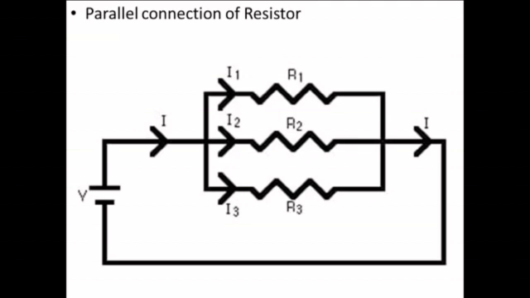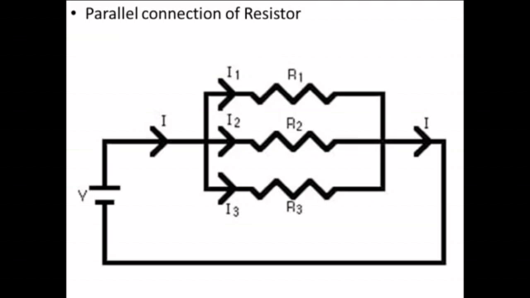The current flowing through each resistor depends upon the resistance values. Suppose the currents flowing through resistors R1, R2 and R3 are I1, I2, I3 respectively, then the total electric current flowing through the circuit is capital I equal to I1 plus I2 plus I3.